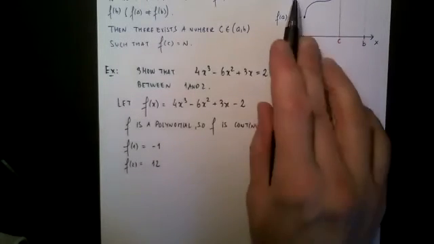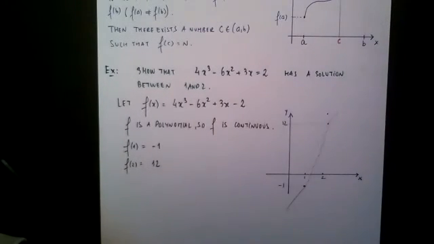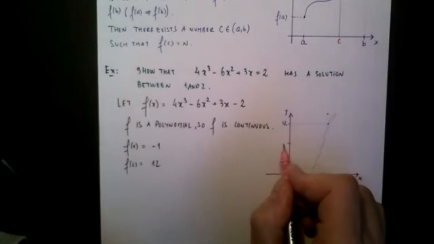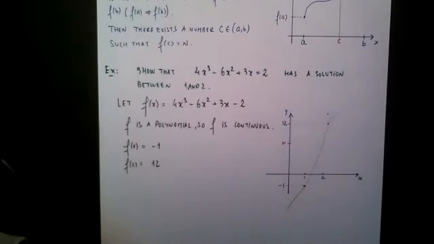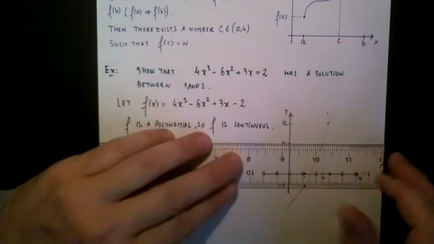So what does my theorem tell me? It tells me that every value between -1 and 12 has a source in 1, 2. So every n here has a source. This is what the theorem tells me.